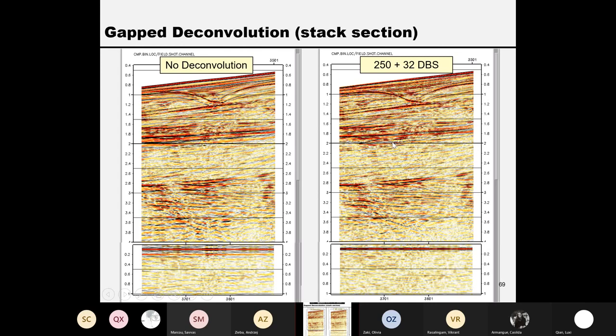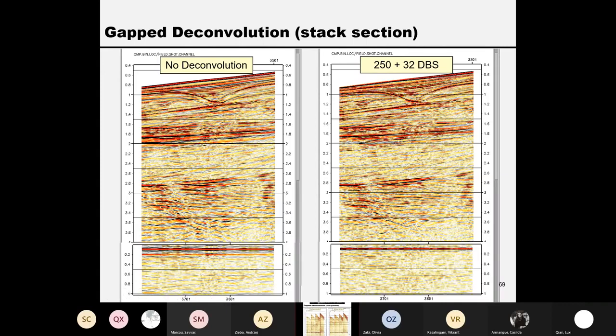That was the application on the pre-stack shot gathers. So we can compare this result after stacking. Even for this stack section, the application is before stack. DBS means deconvolution applied before stack, so basically we apply it to the shot gather. This stack section is not a result straight from here by deconvolution.